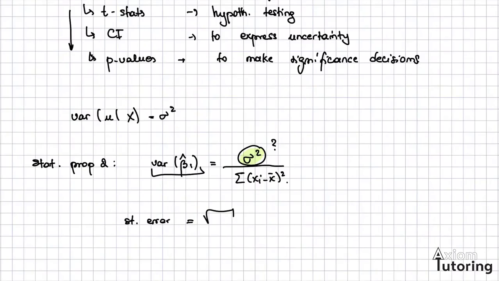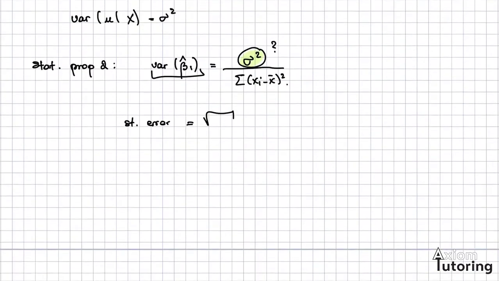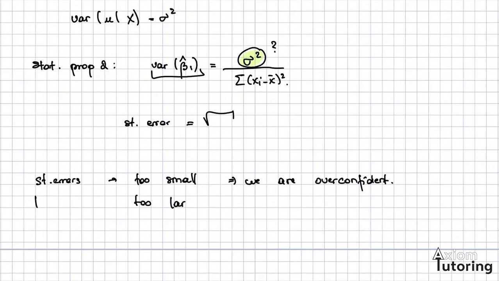In terms of consequences for standard errors, if they are too small, then we are overconfident. We think we know more than we do. And when they are too large, we are underconfident.